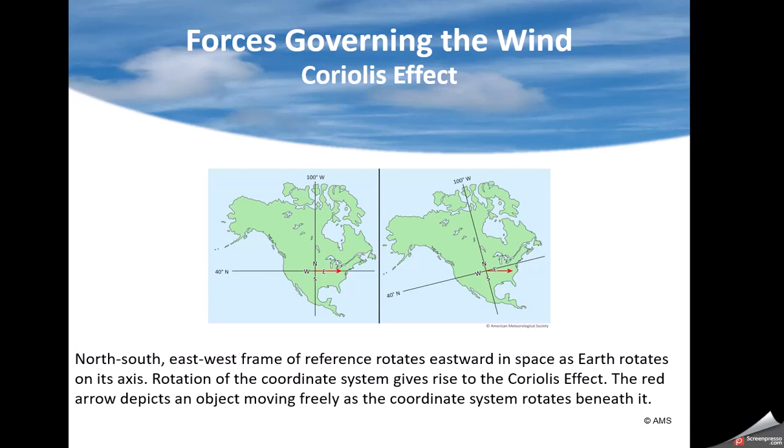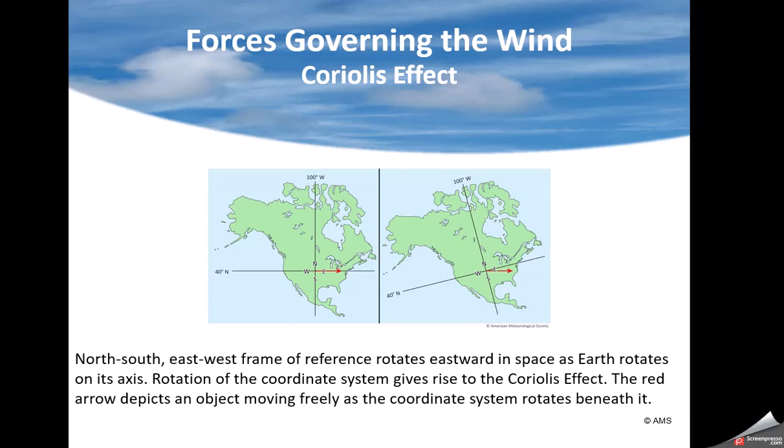So if we have an Earth rotating, and the Earth is much, much further around at the equator than it is maybe at the North Pole, it stands to reason that the Earth is going to have to move further in a few minutes at the equator than it ever would at the North Pole. That change in motion as we go north or south is called the Coriolis effect.